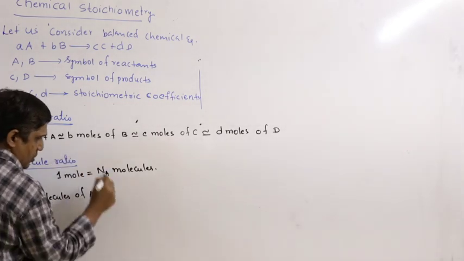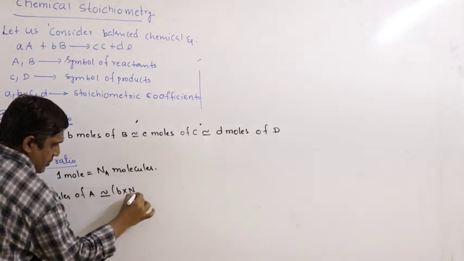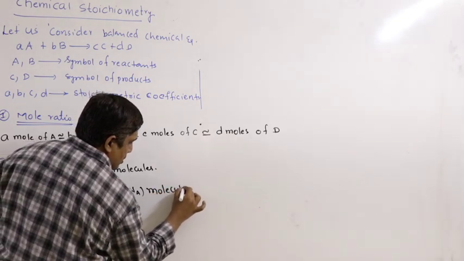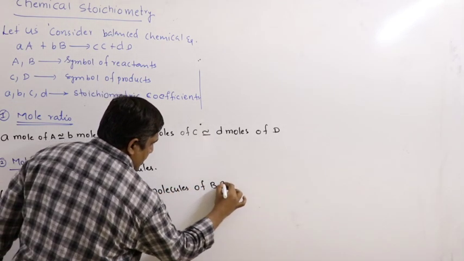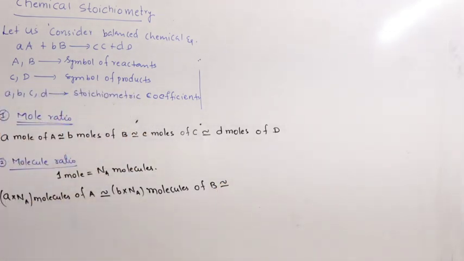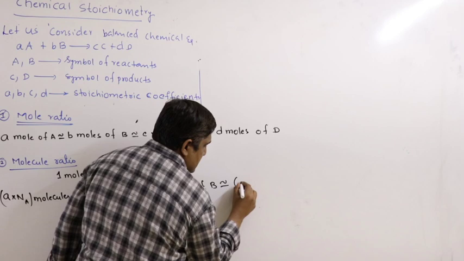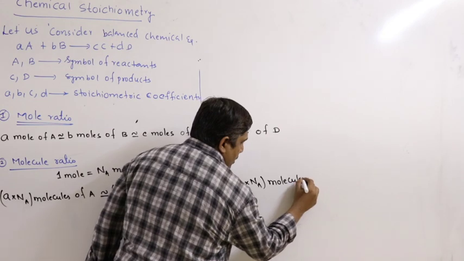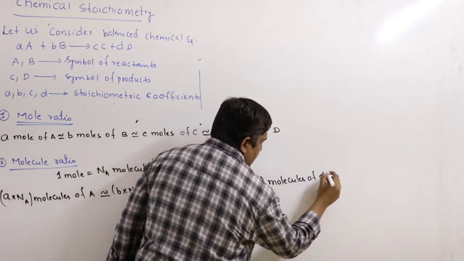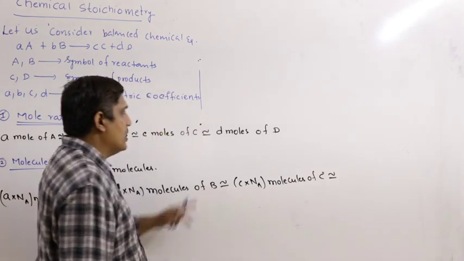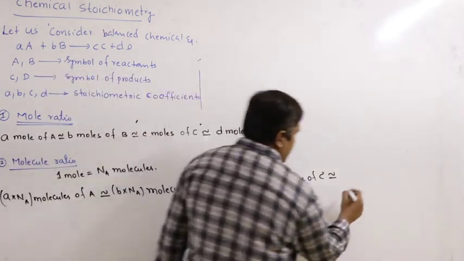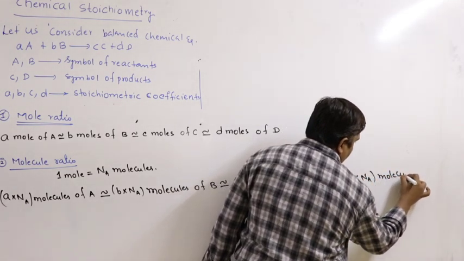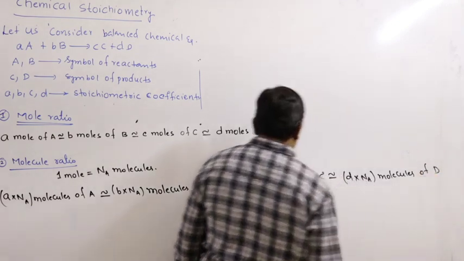So b into Avogadro number of molecules of capital B is stoichiometrically equivalent to c into Avogadro number of molecules of capital C, stoichiometrically equivalent to d into Avogadro number of molecules of capital D.